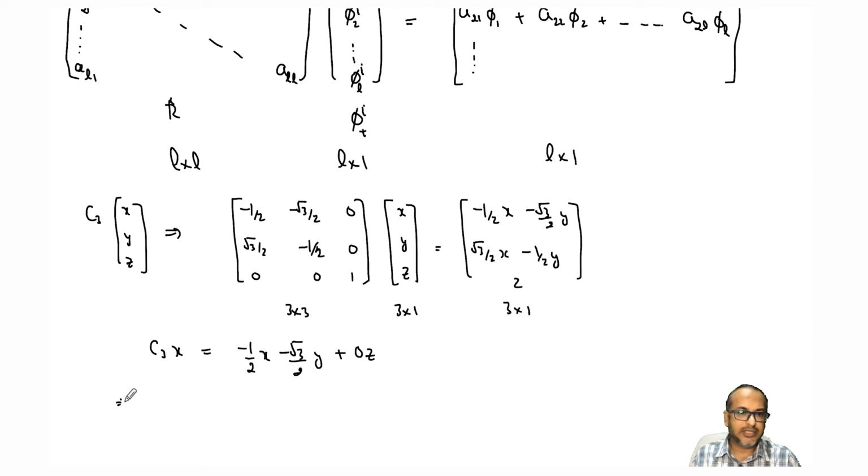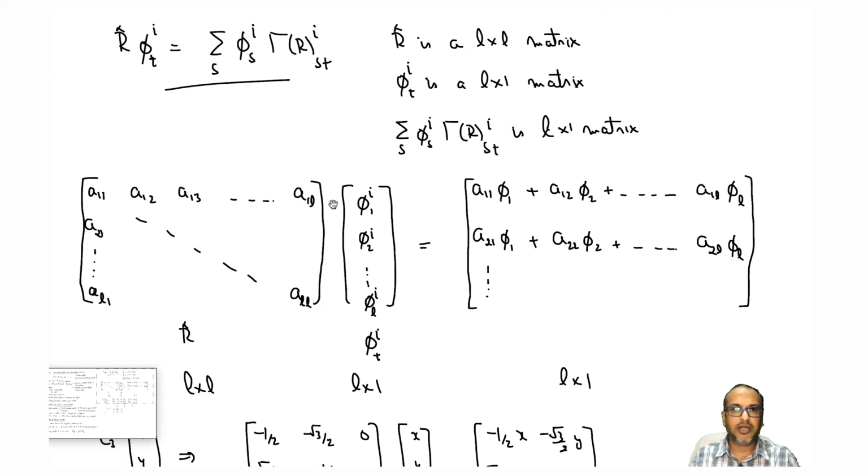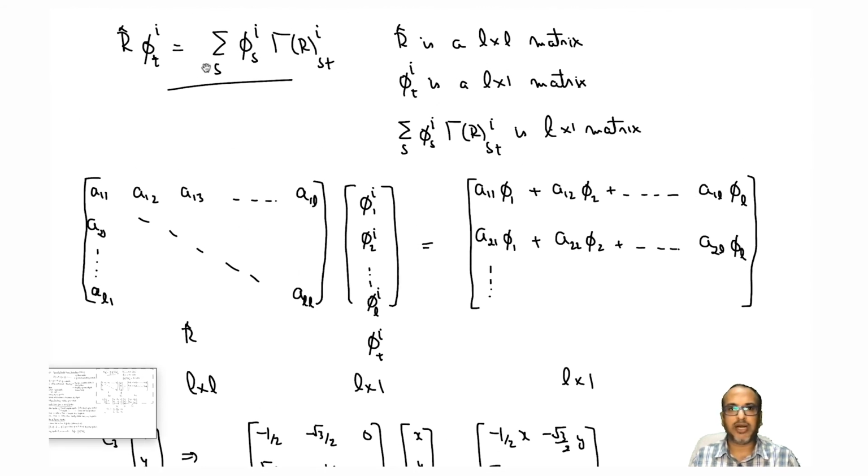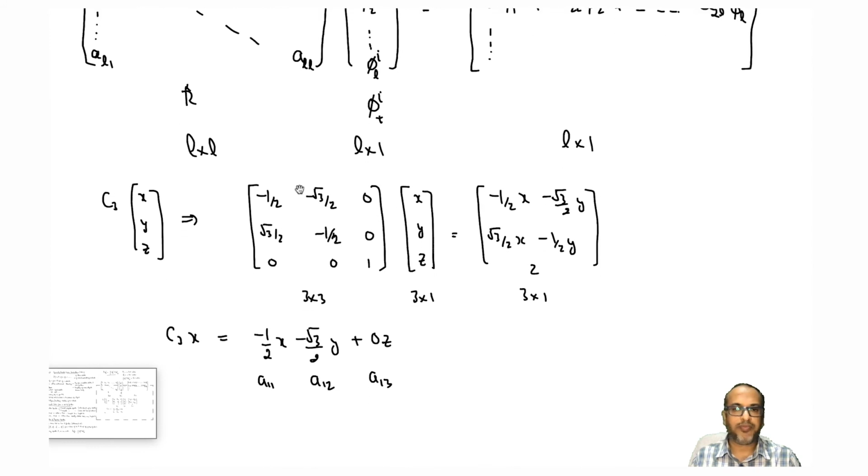So I can say that this is my a11, this is my a12, and this is my a13, right? So this is just to show you that we have already done this. We are now just writing it in mathematical form.